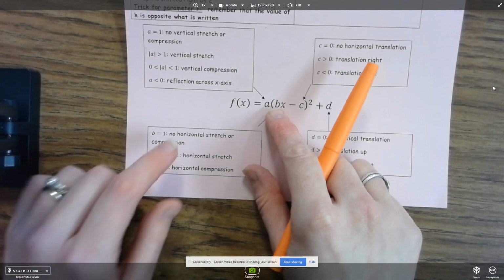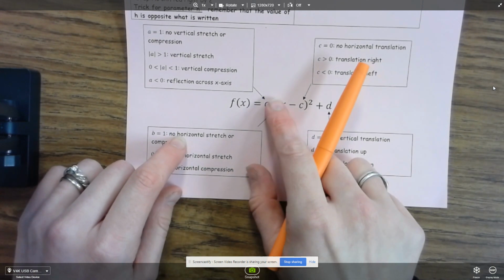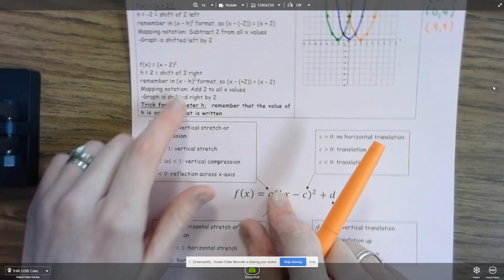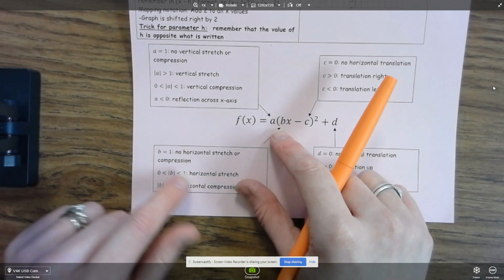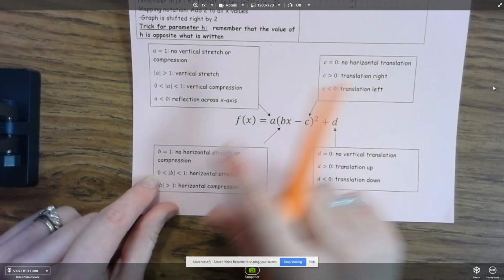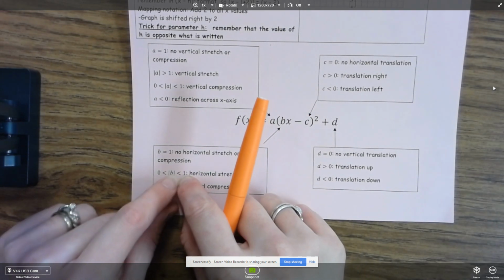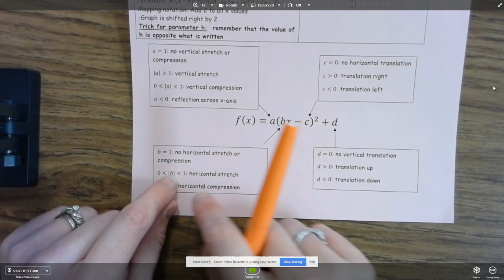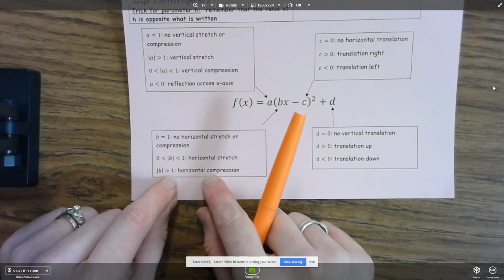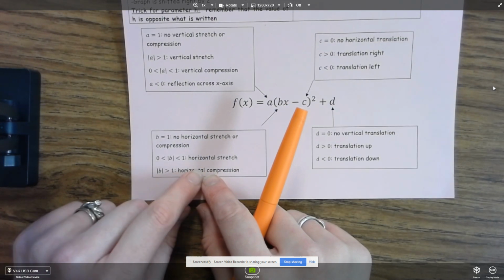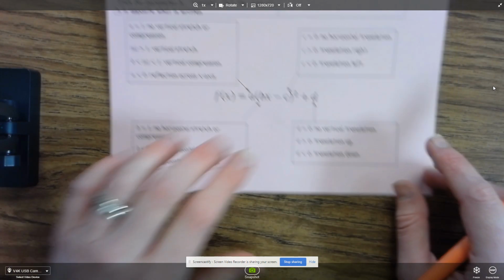Now, when we're talking about B, again, if B is 1 or there's no value there, like there wasn't here, there is no horizontal stretch or compression.